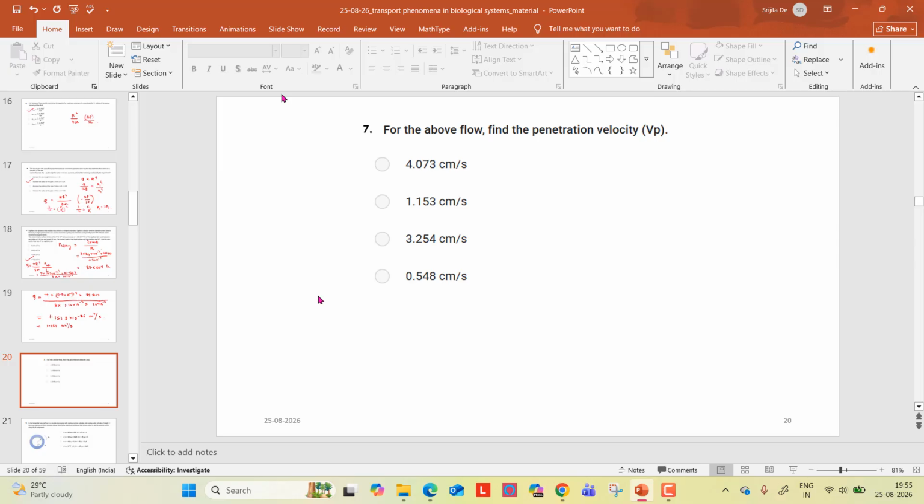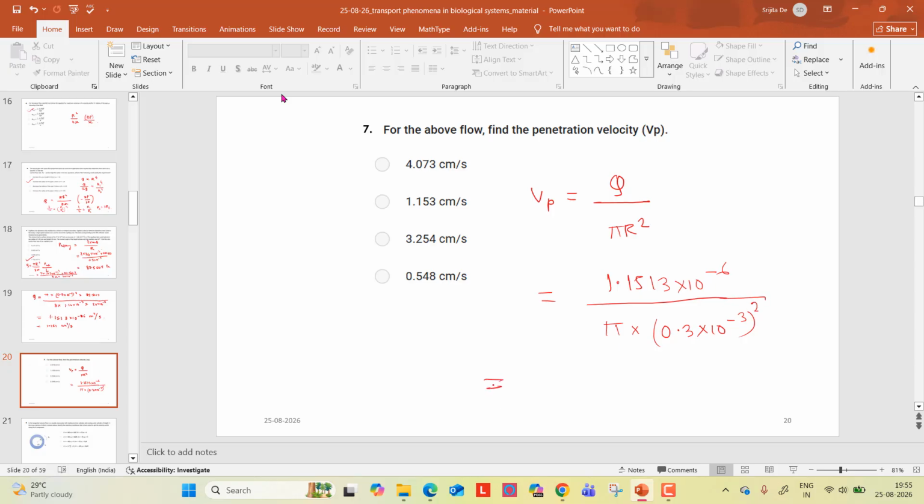Now for the above flow, find the penetration velocity Vp. So Vp, the penetration velocity, is the average flow rate divided by its area, pi r square. So it has to be 1.1513 into 10 to the power minus 6 divided by pi into 0.3 into 10 to the power minus 3 whole square.